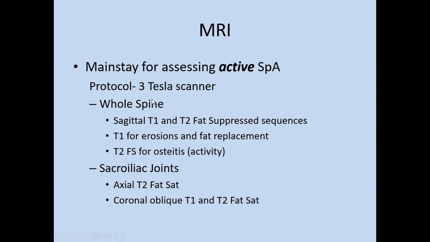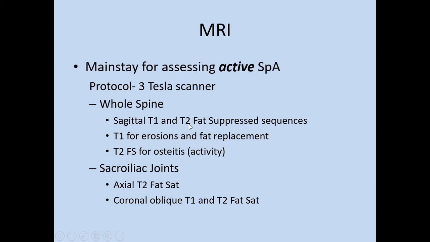The MRI protocol: we normally scan these patients on the 3 Tesla scanner. The imaging protocol would include the whole spine and the sacroiliac joints. The spine protocol would include sagittal T1, and the sagittal T1 is good for detecting erosions and also for detecting fatty replacement where the enthesitis is.